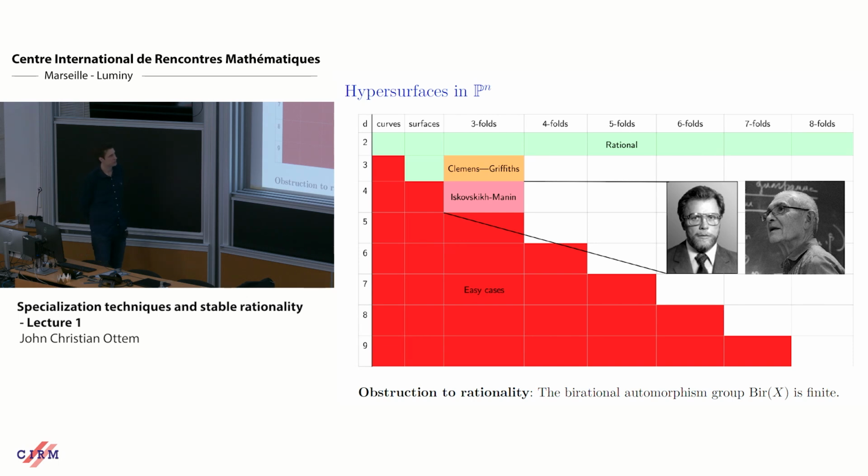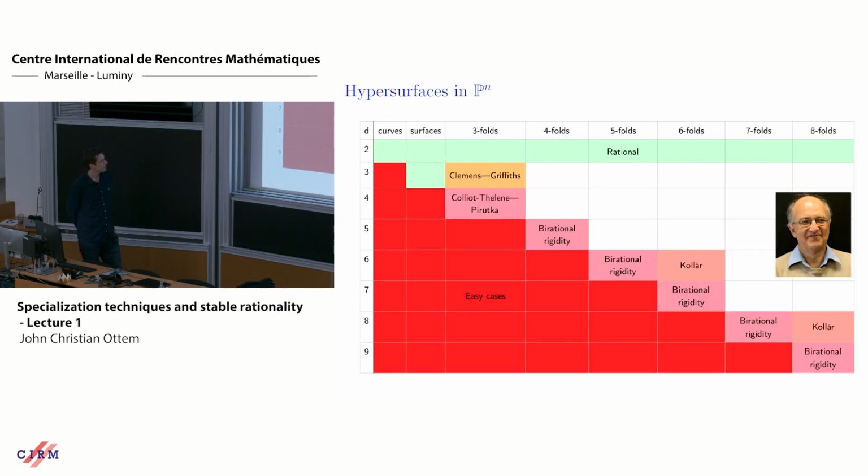Whereas if it were rational, it would be the birational automorphism group of P3, which is enormous. So this is one way to see that this is irrational. Then it turned out that the method of Iskovskikh and Manin really gave all of these other cases down the diagonal here.